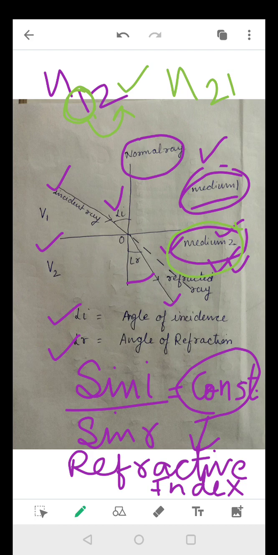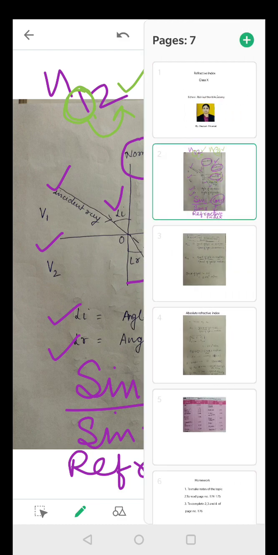N21 means I'm calculating for medium 2 and I'm comparing it with medium 1. Right? So we'll calculate these two values. Let's see how we can calculate them.